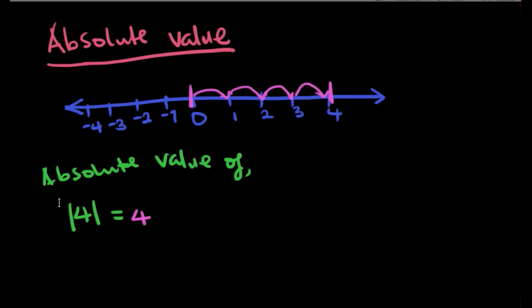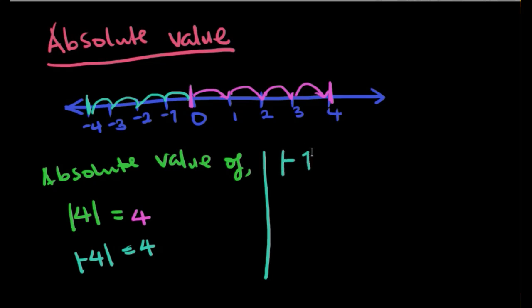And if we say we need to know the absolute value of -4, we need to know the distance from 0 to -4. So it means that we have 1, 2, 3, 4. It will still be 4. So this means that the absolute value of -1 is 1. And the absolute value of 1 is still 1. The absolute value of -100 is 100.